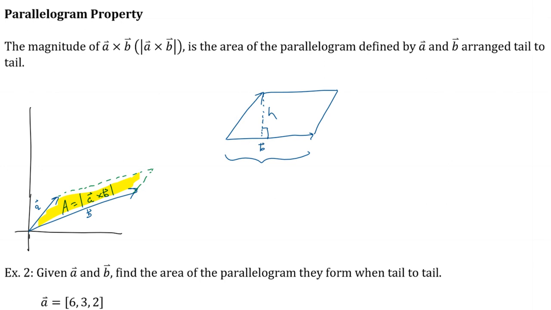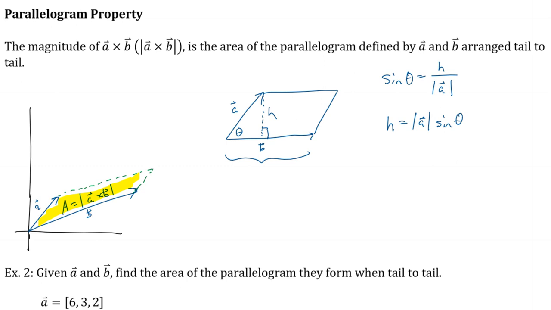But if I call this vector B and I call this vector A, and here's my theta, well, then sine of theta is opposite over hypotenuse. So that's h over hypotenuse, which is magnitude of A. So h equals magnitude of A sine theta. That's the height.